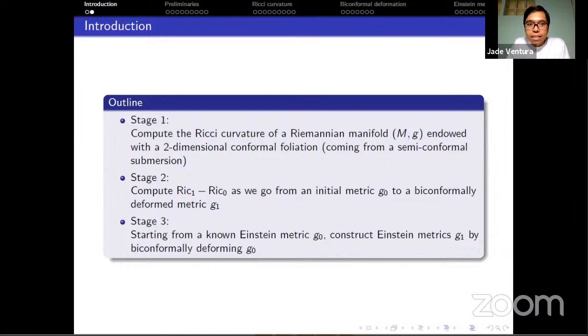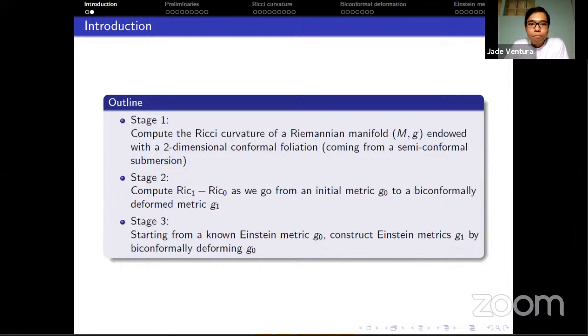This manifold is endowed with a two-dimensional conformal foliation coming from a semiconformal submersion. And this computation in particular, we do in terms of quantities associated to the semiconformal submersion.